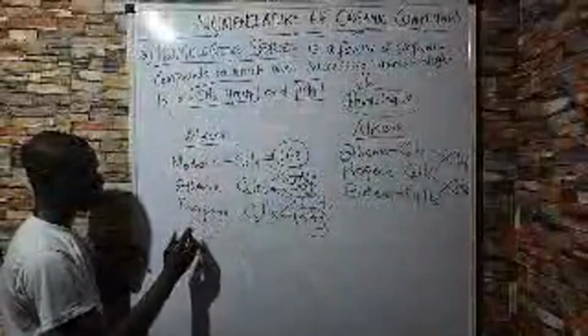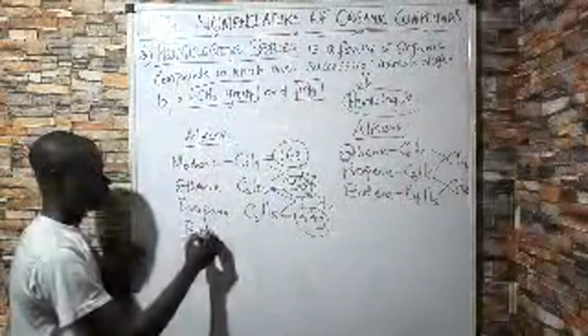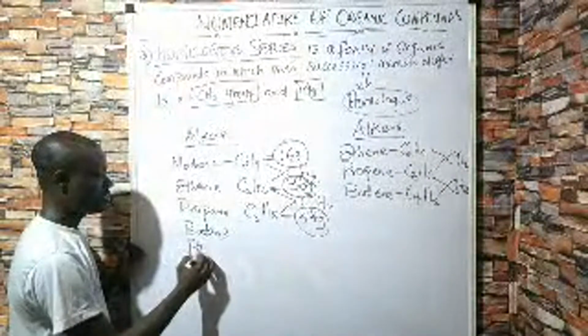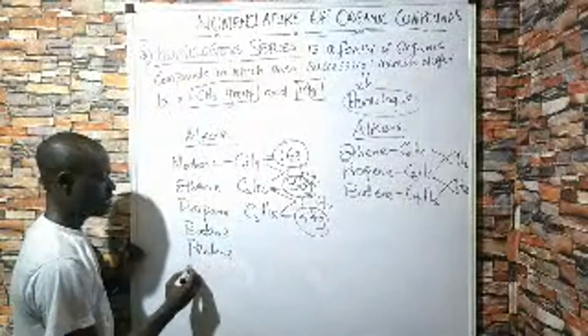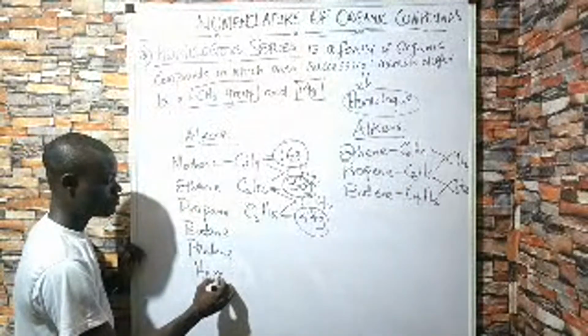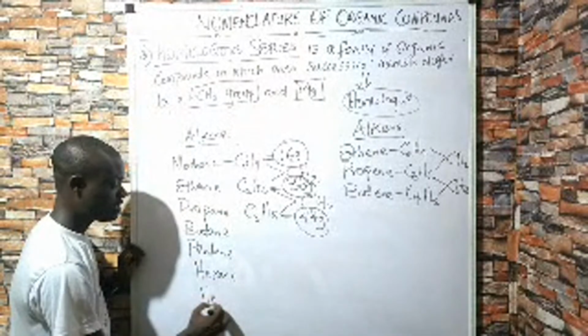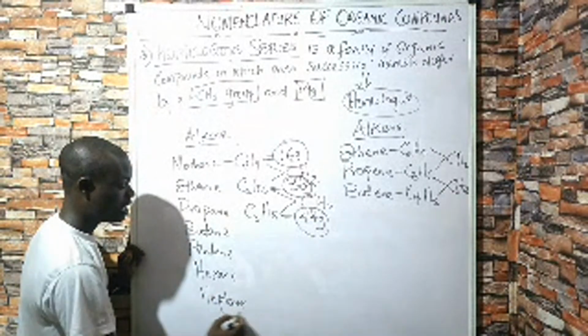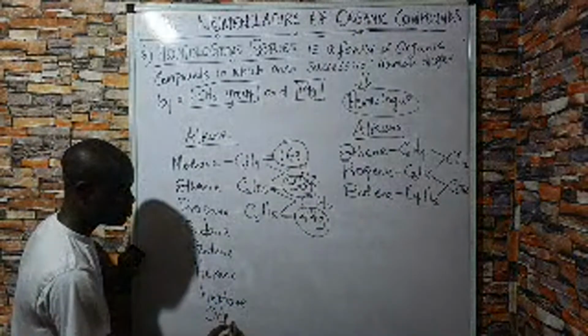A good example is if you look at this family, I'll list this family for you. For example, the alkanes. For alkane, we have methane, ethane, propane, butane, pentane, hexane, heptane, octane, so on and so forth.